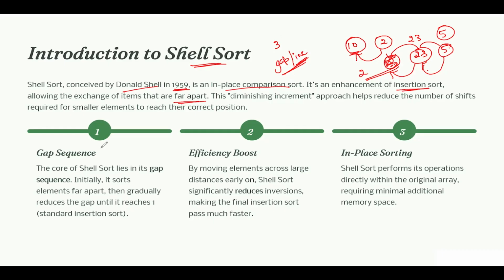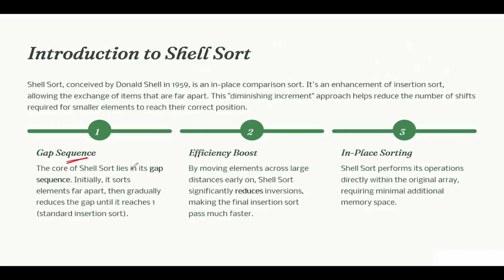There is going to be something called a gap sequence. The core of shell sort lies in its gap sequence. It is totally reliant on the gap. The efficiency of shell sort also totally depends on the kind of gap we are taking. Initially it sorts the elements far apart, then gradually reduces the gap until it reaches 1.